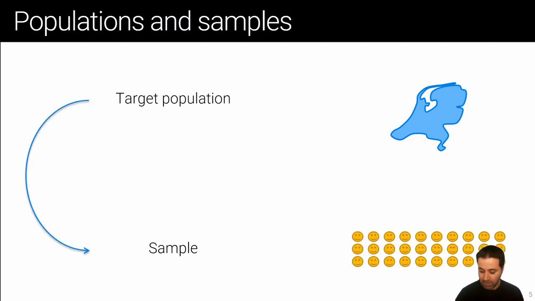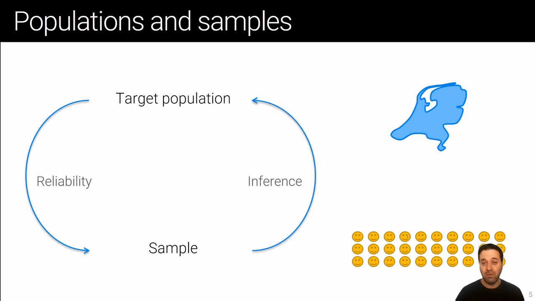And let's say we have here, looks like it's 30 people. So we run our study with these 30 people. And then what we do is infer back to the population the results of our study, generalizing from the sample to the population. So if we observe a certain effect on the sample, we infer from that there is that effect in the whole population.